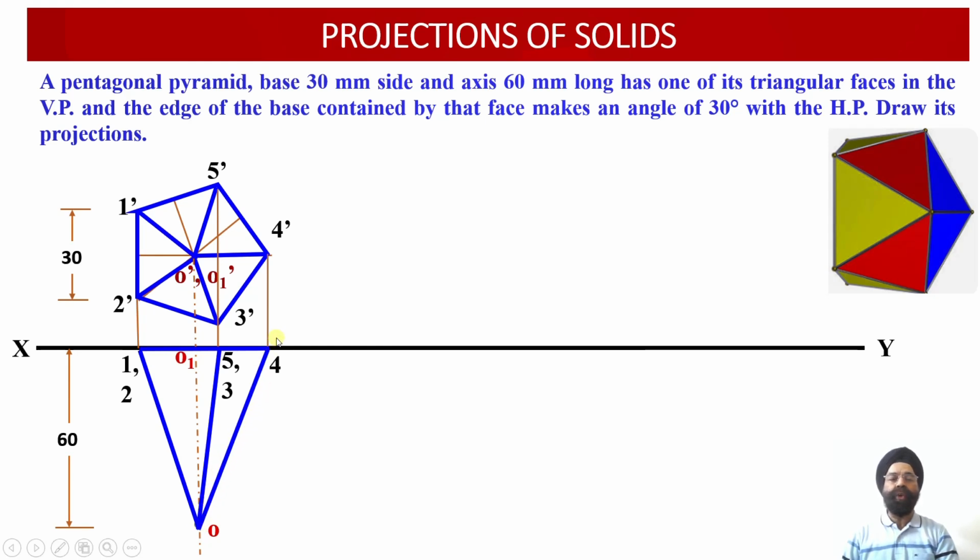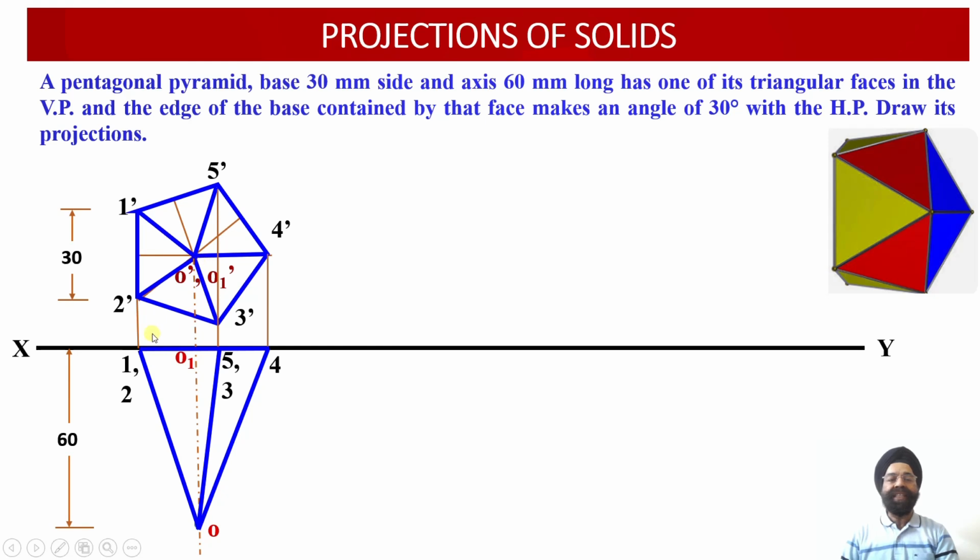Here we need to remember one thing, as we are going to look at this pentagonal pyramid from the top. So O dash 2 dash is farther away from the observer. So the top view projection corresponding to the O2 slant edge should be drawn as a dotted line over here.